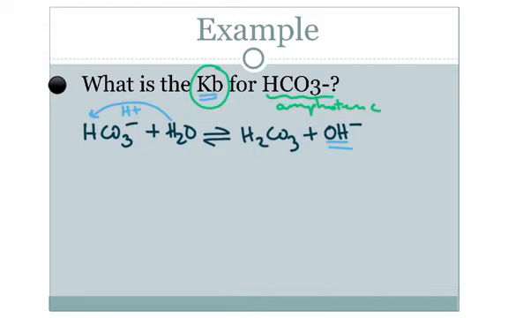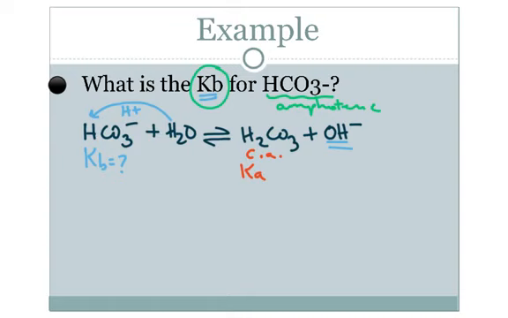All right, here's my next question. I want to know the Kb of the base, HCO3 minus. The first thing I would do is look in the terrible Kb table. Oh, it's not there? What's the point of this Kb table, honestly? So now I'm going to use the same strategy I learned in the first one. I'm going to go to the Ka. The conjugate acid is this ingredient here, H2CO3, so I'm going to look up the Ka of H2CO3.